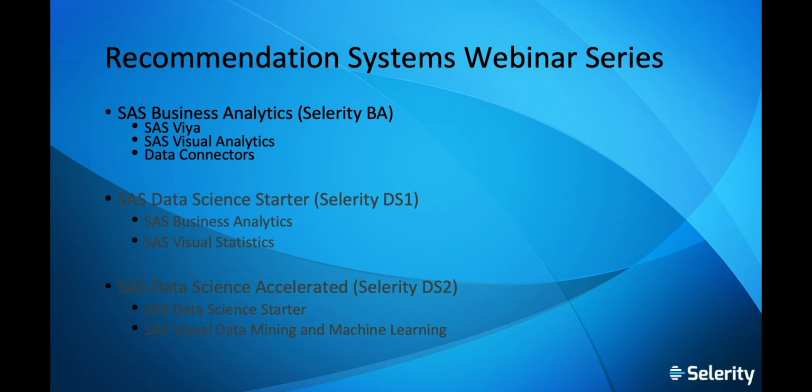Our Selerity BA package provides this software and all the infrastructure, management and support needed to use it. Part 2 will show what can be achieved when we add SAS Visual Statistics to the mix, which is included in the SAS Data Science Starter license. And part 3 will showcase the power of having machine learning and AI capabilities added, which is what you get with the SAS Data Science Accelerated package.